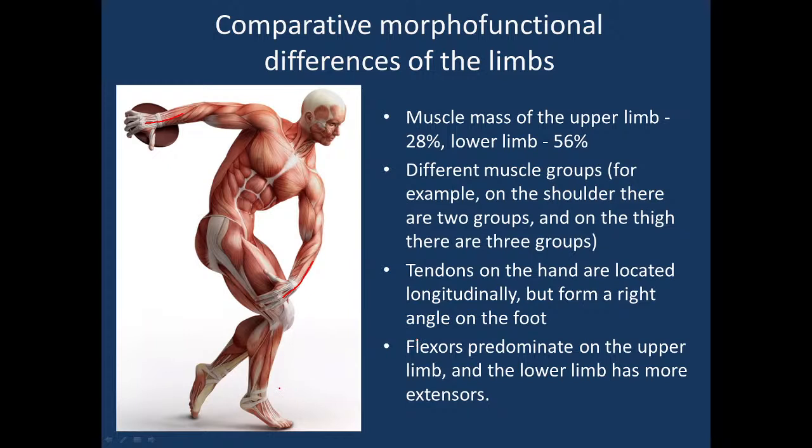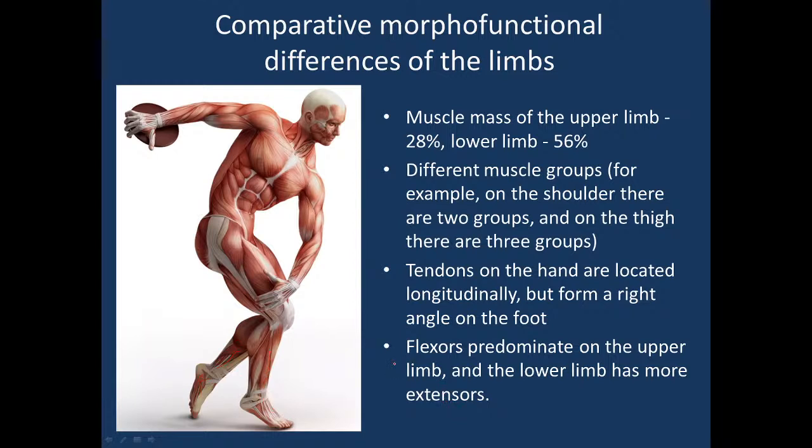But in the lower limb, we see that muscles have almost a right angle. So we find an angle between each group of leg muscles.